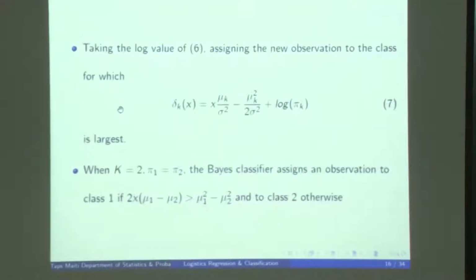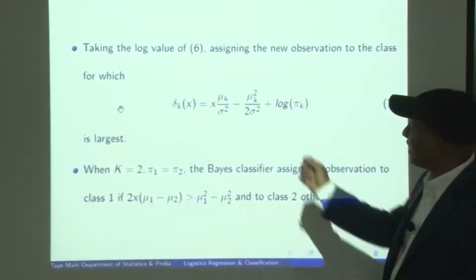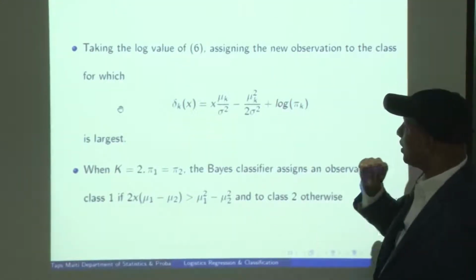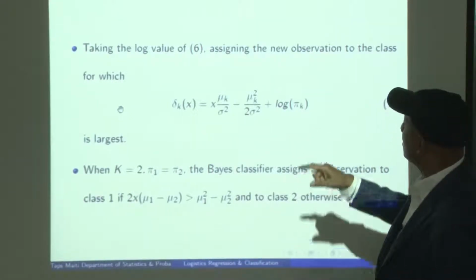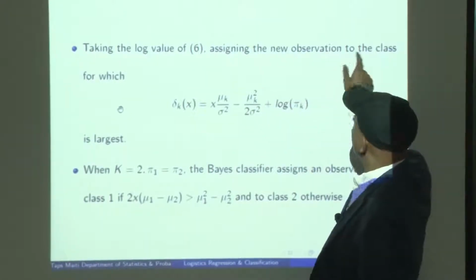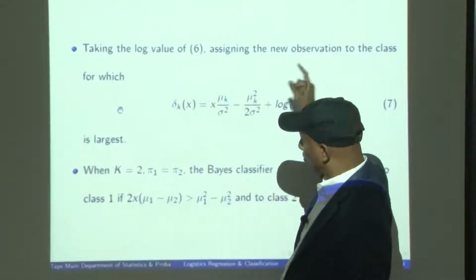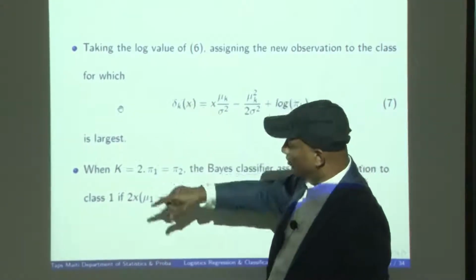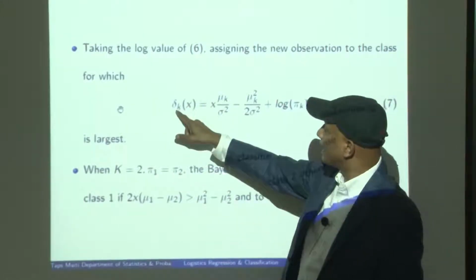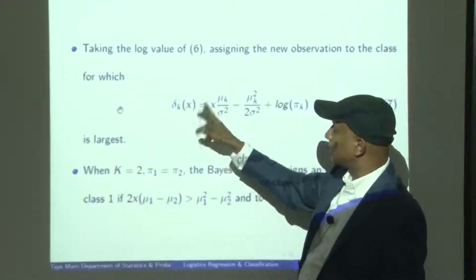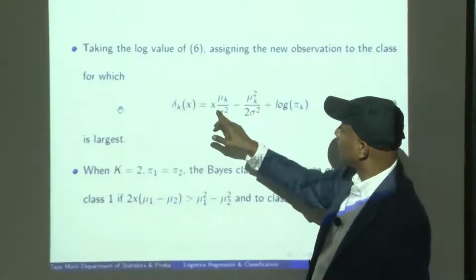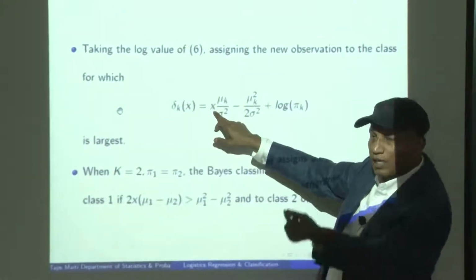Now, if I take the log, then the rule is to assign the new observation to the class k for which, after a little bit of algebra, you can calculate this delta, the classifier, which involves x, the new feature, that means the vector for the new guy who comes in.